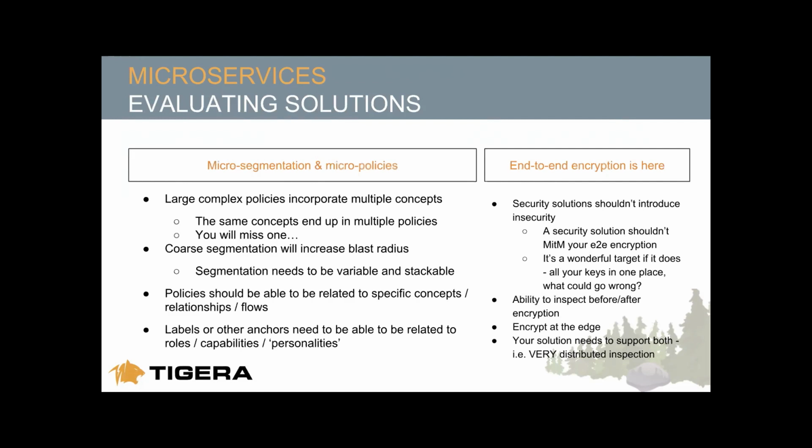Coarse segmentation will increase your blast radius. If I make it big, application A, anything in application A can talk to anything else in application A, my blast radius is application A. Worst case of coarse segmentation is everything inside my perimeter is trusted and can talk to one another, and everything outside my perimeter is considered bad.